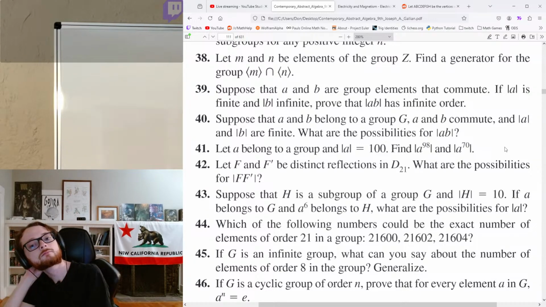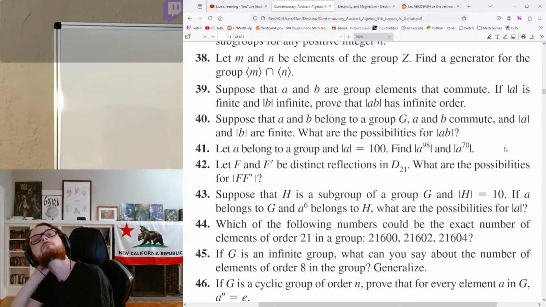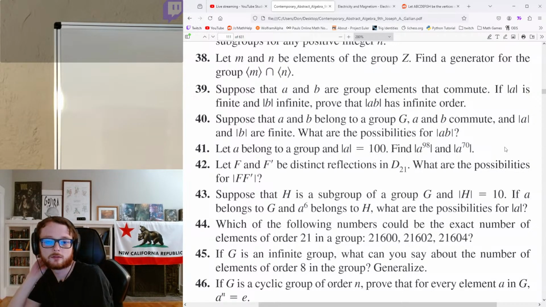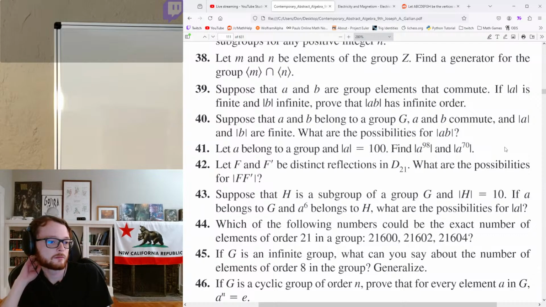I'm pretty sure the order of A to the 98 is the same as the order of A squared, which is the GCD of 98 and 100.